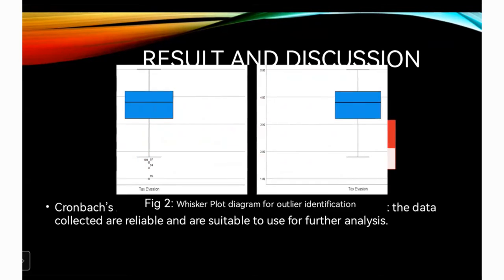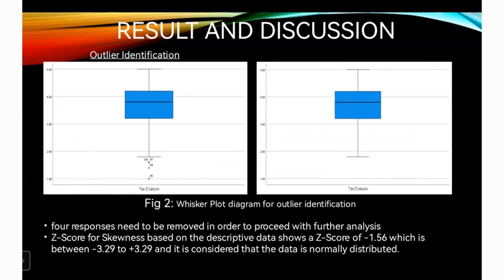The next one I have done is outlier identification, to check whether the data is normally distributed or not. We found that 4 data points were rejected because they were not in the box. After removing the 4, we have normally distributed data: the first plot shows the outlier, and the second shows no outlier.